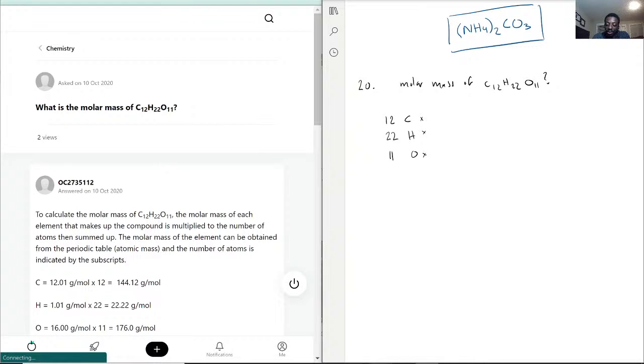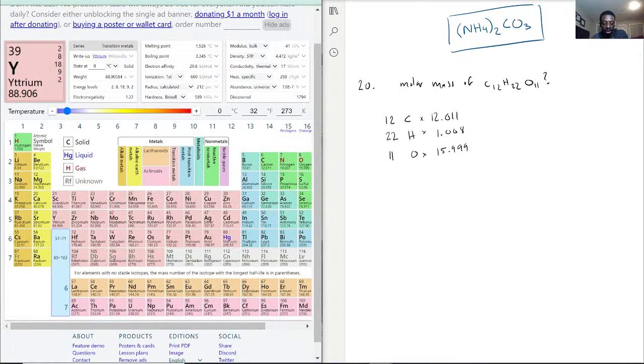So we're going to have to literally multiply these by 15.999, 1.008, and 12.011. Let me just double check. Yep, that is what we have. So we should get around 144 for carbon times 12, 144.132.